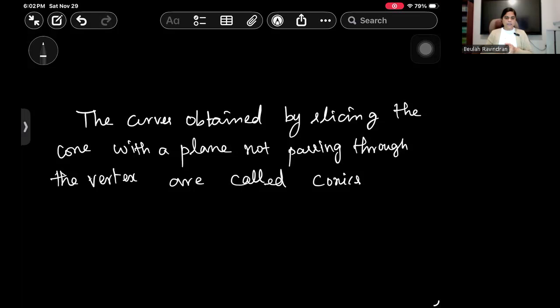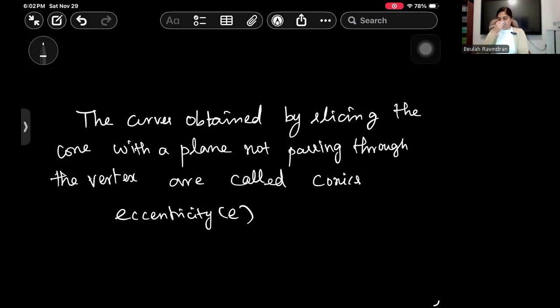The fixed point is called the focus, the fixed straight line is called the directrix, and the constant ratio is called the eccentricity, denoted by e. Now you can understand how it comes. This is all very important.